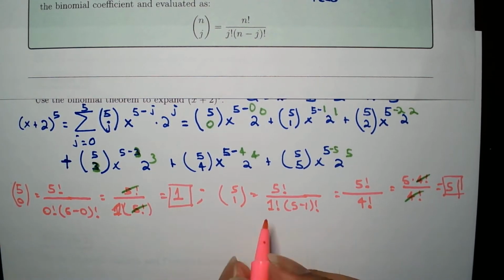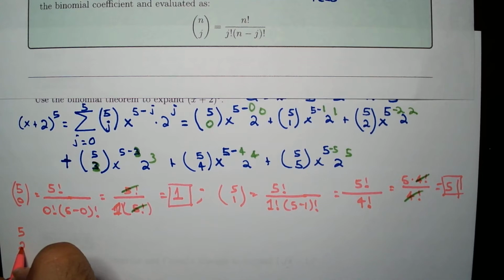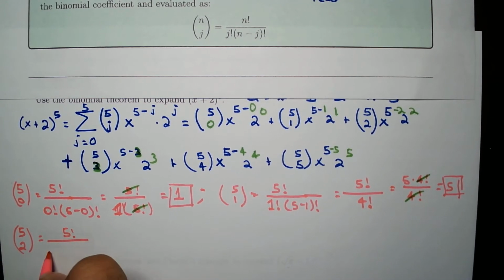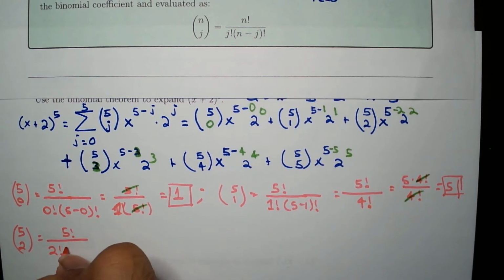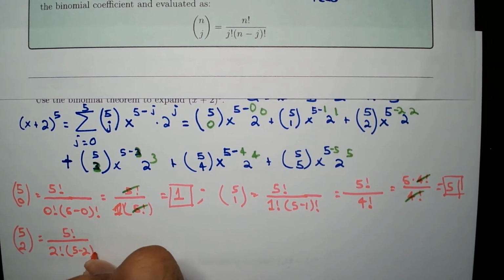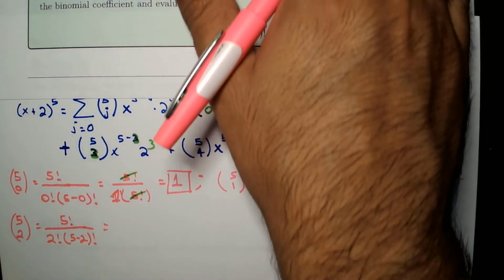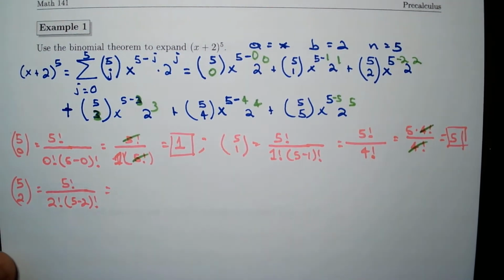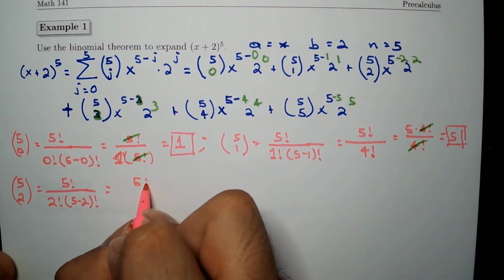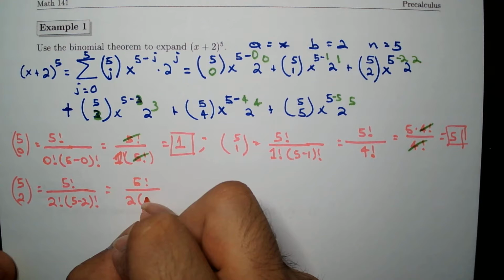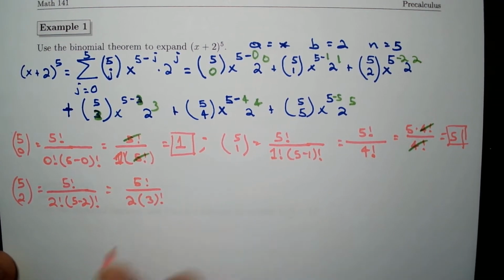Let's keep doing this. So now let's do the 5 choose 2. So that's 5 factorial over 2 factorial times 5 minus 2 quantity factorial. So 5 factorial, let's leave it like this for a second. 2 factorial is 2. 5 minus 2, that's a 3 factorial. Alright.